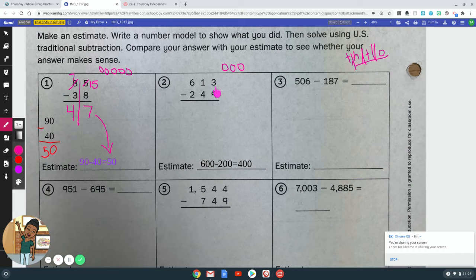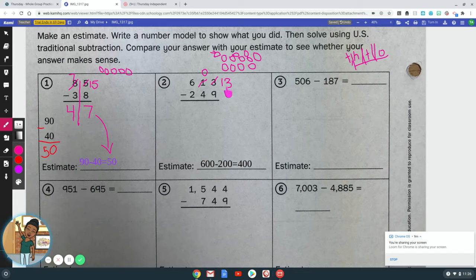Not enough. So I am going to regroup 10 of my ones from my tens column. I'm taking all the tens. If I have 1 10 rod, I'm taking it away. I have 0. Now I have 1, 2, 3, 4, 5, 6, 7, 8, 9, 10, and I'm just drawing them randomly.